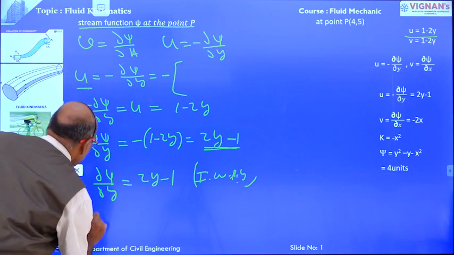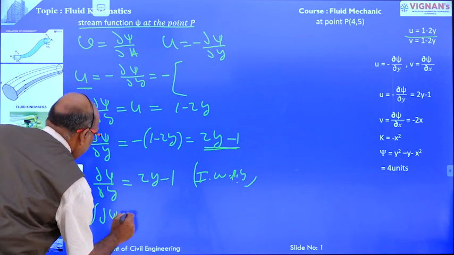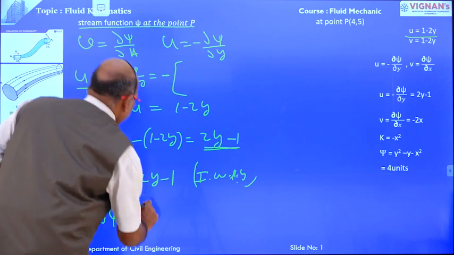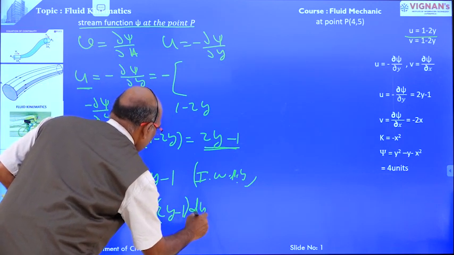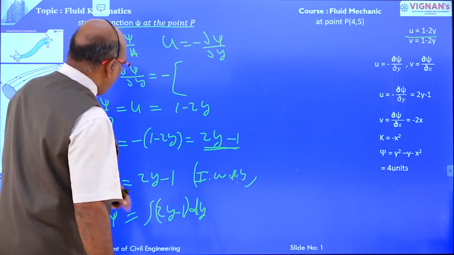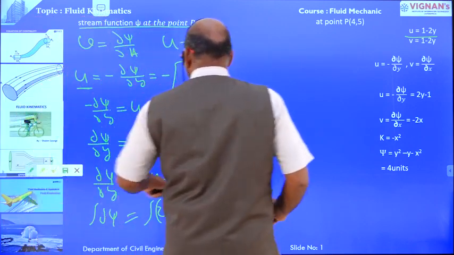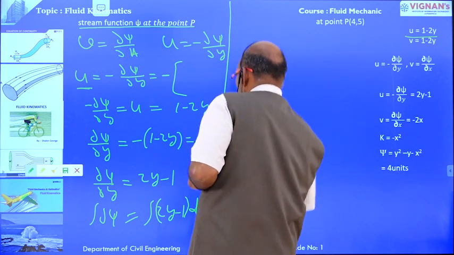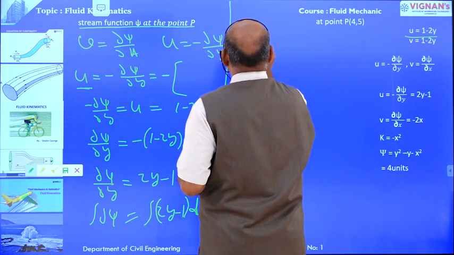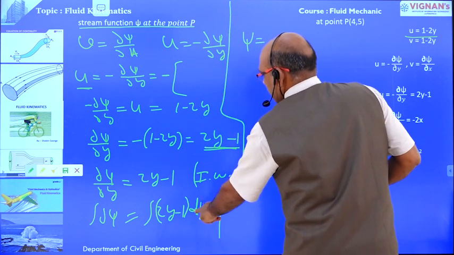We have therefore integral dψ is equal to integral (2y minus 1) dy. Right? From this one, ψ is equal to integrate with respect to y.